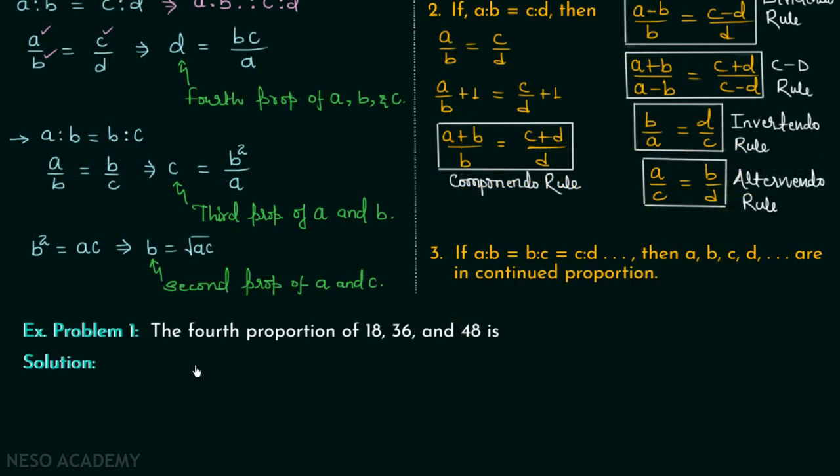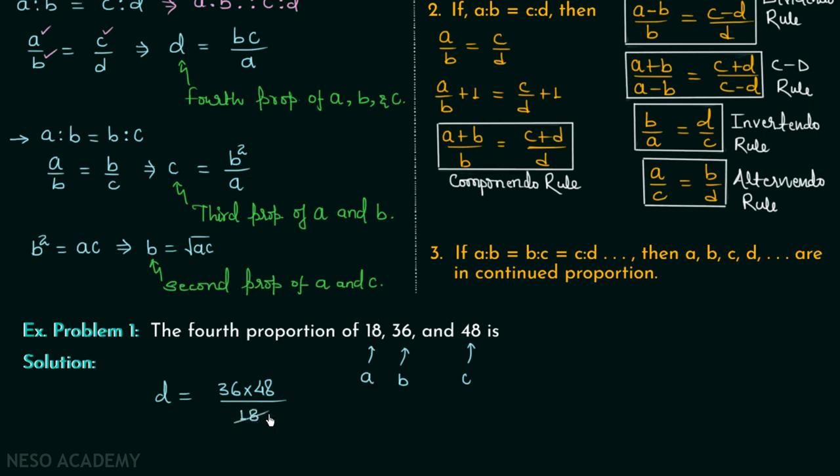In this problem, we are required to find the fourth proportion of 18, 36 and 48. And we know fourth proportion is D, and it is the fourth proportion of A, B and C. When you compare with the question, you will find 18 is A, 36 is B and 48 here is C. And the fourth proportion D is equal to B multiplied by C divided by A. This means 36 multiplied by 48 divided by A. A is 18.